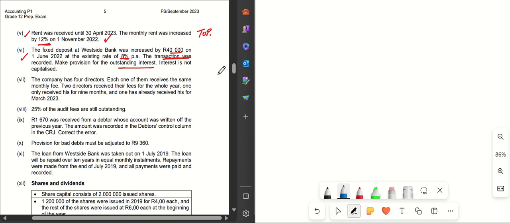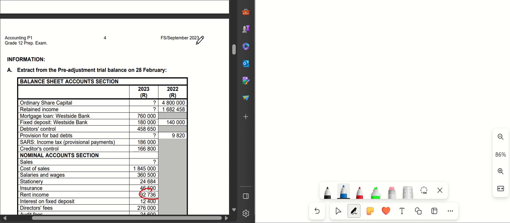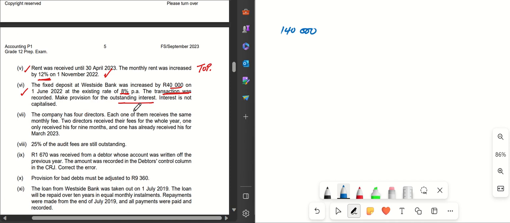The fixed deposit that we had at the beginning, I think you can see it over here: we had 140,000 at the beginning. And the interest rate on the fixed deposit is 8%. So it would be 140,000 multiplied by 8%.